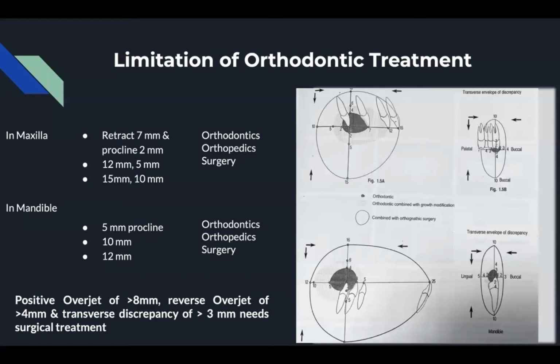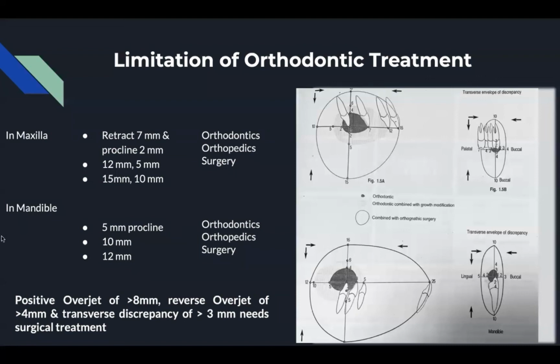For a quick guide, if you get a patient with an overjet of greater than 8 millimeters, or a reverse overjet of greater than 4 millimeters, or a transverse discrepancy crossbite of greater than 3 millimeters, you have to prepare yourself and the patient that this is a surgical case. You should not start treating by putting braces.